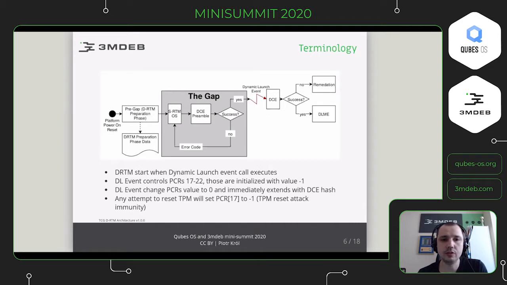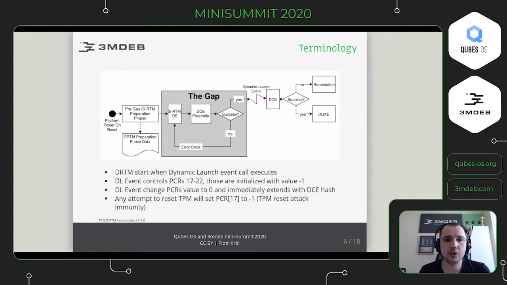All the data required to perform the further dynamic launch event will be configured. And then we proceed with some execution. It may be static root of trust for measurement, firmware, and the operating system that operates. And this is the gap. This is the area that D-RTM wants to mitigate, and we just want to say that we don't care what happened at that time.